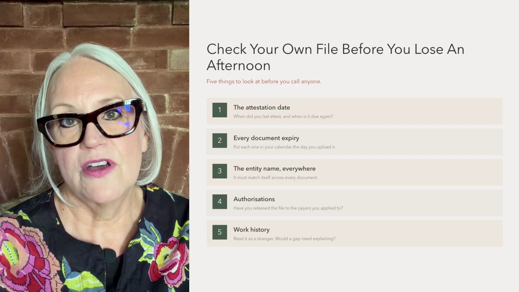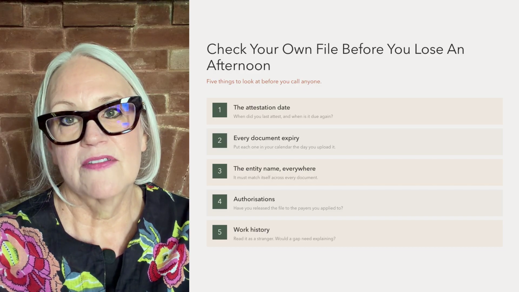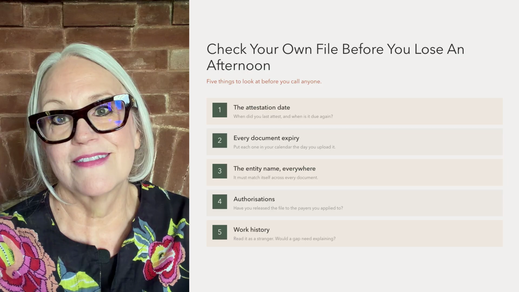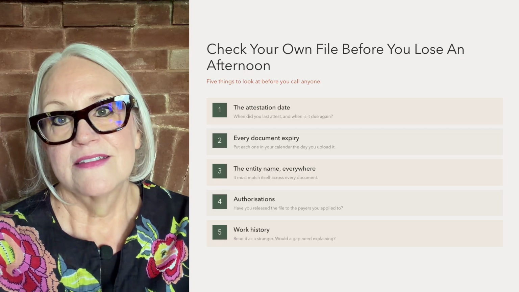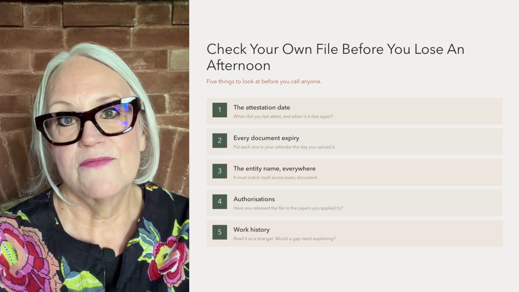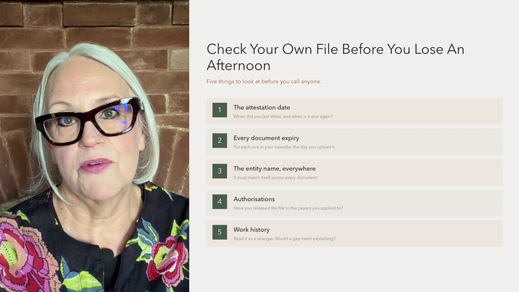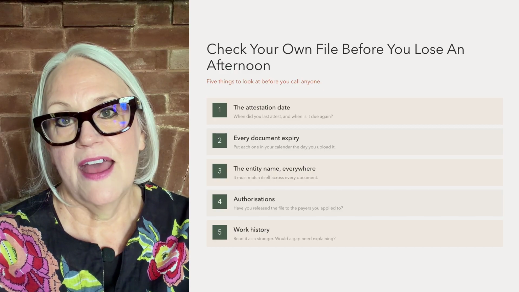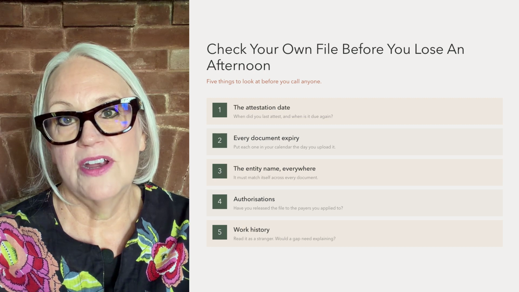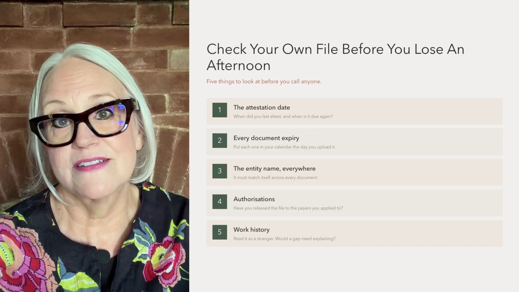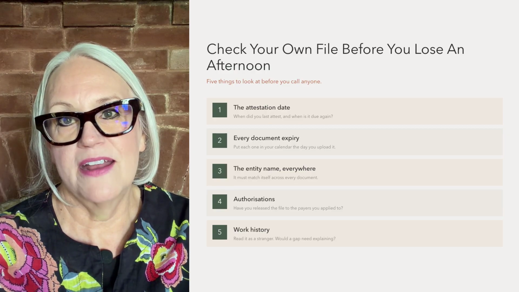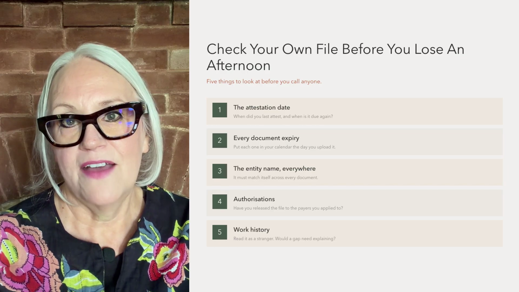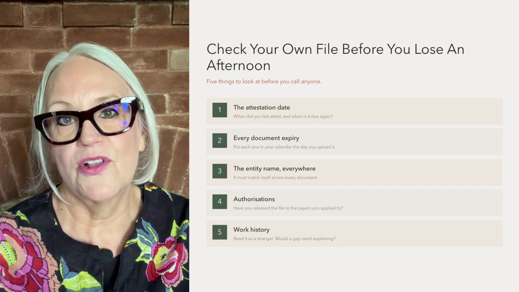Next, open each uploaded document and check the expiration date on the document itself, rather than trusting the summary screen. So then read the name on your malpractice certificate out loud and compare it word for word against the name on your license and the name of the entity that you applied under. The names have to be the same, not merely close.